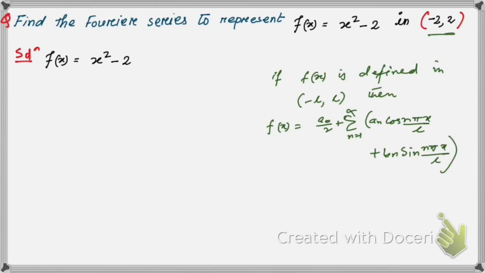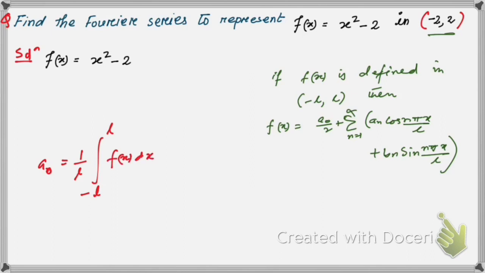That will be your Fourier series, and a naught will be 1 by l integral from minus l to plus l f of x dx.